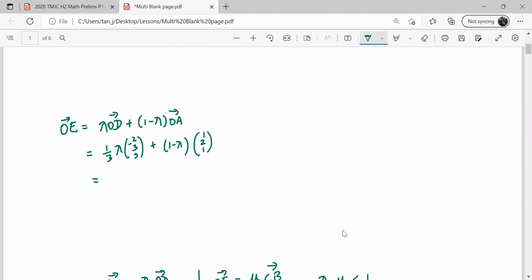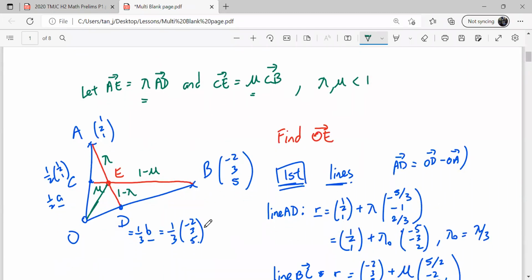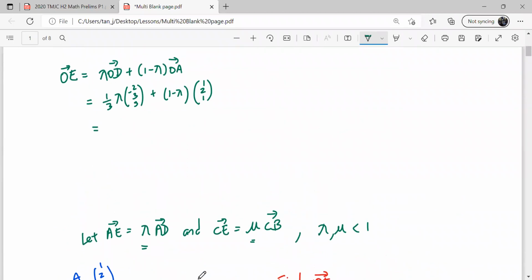OD is 1/3 OB. So from here you can find OE. Then you do the same for mu and then you repeat and try and solve. If by right, you should get the same answer.